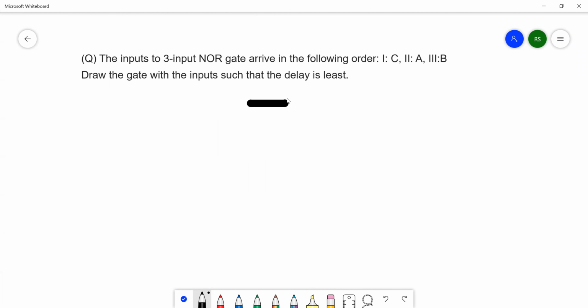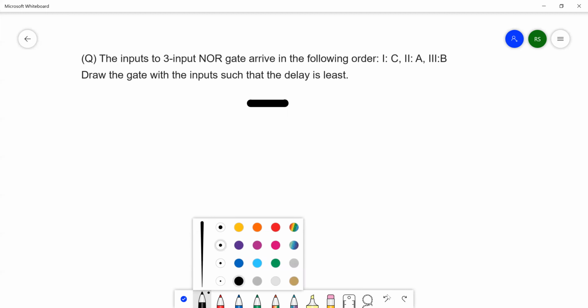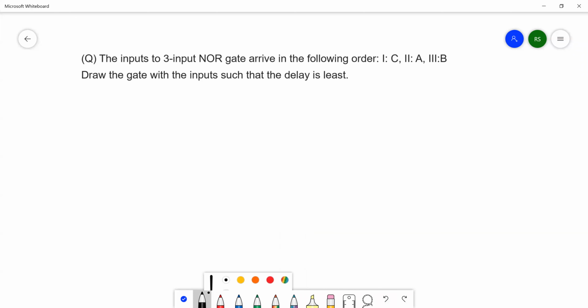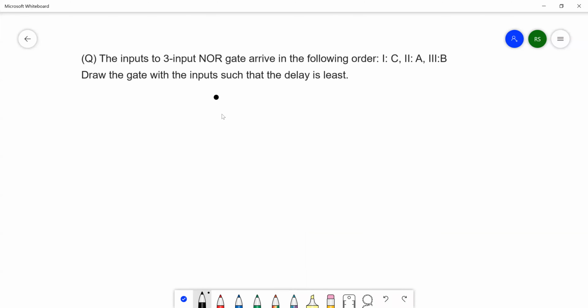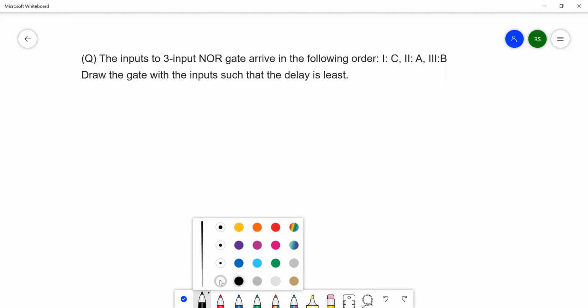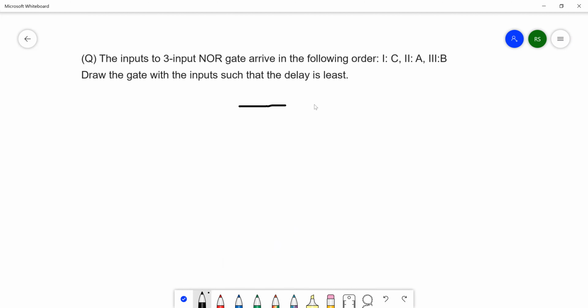There are a lot of definitions. They are basically saying the same thing only.